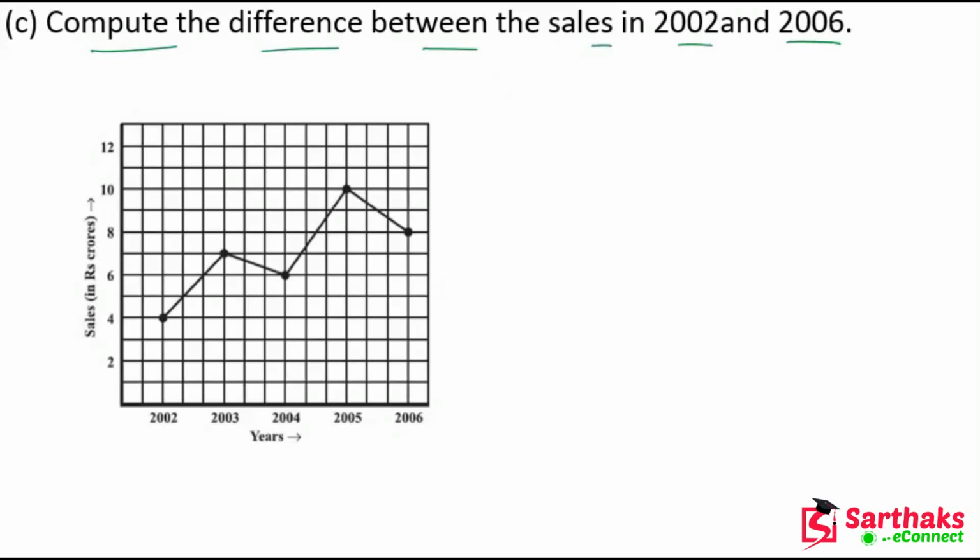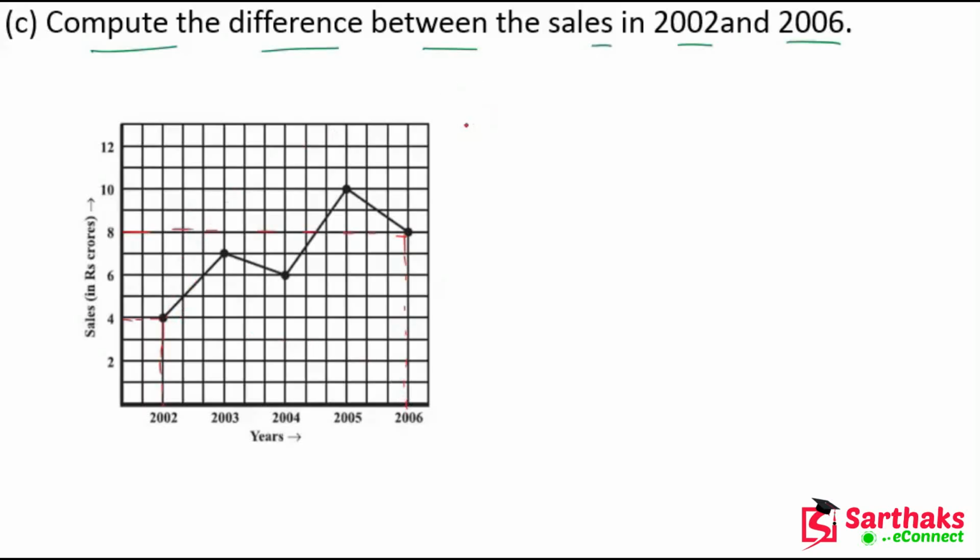If you observe the graph, in 2002 we know the sale was 4 crore rupees, and in 2006 the sale was 8 crore rupees. So we have to find the difference between them.